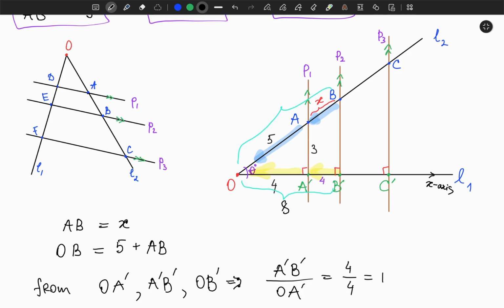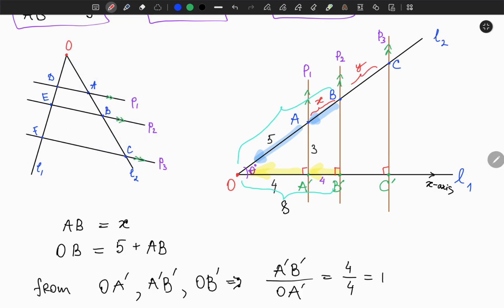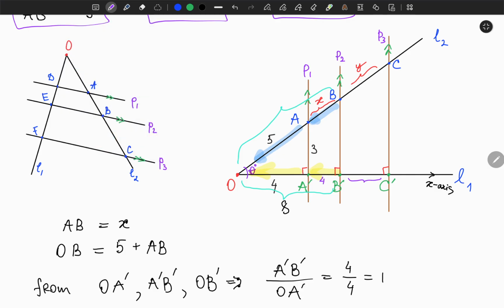If we know the part of one line, we can relate. If angles didn't change, we can relate to the parts of the other lines. So if I want to do here, let it be y, and if I want to choose here, let it be any number.